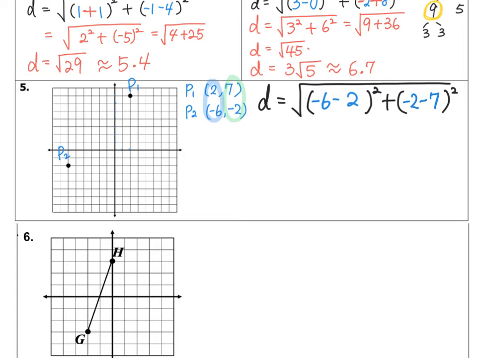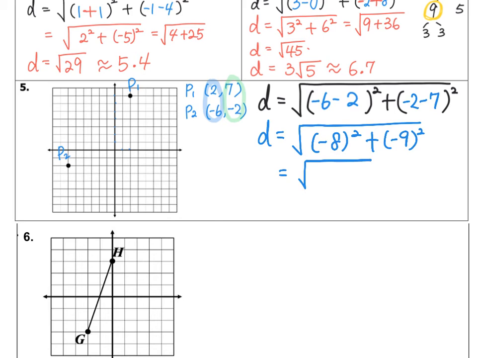So now you know even if it's a negative number being squared, it will come out as a positive number after you square it, right? So -8 squared plus -9 squared, which will be 64 plus 81.